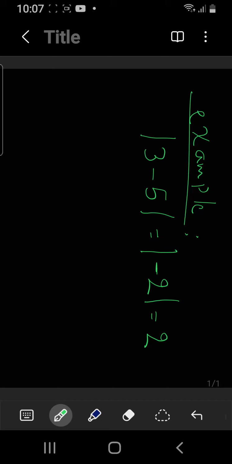Some of the absolute value characters. For example, the first one, the absolute value of A is bigger than or equal to 0.